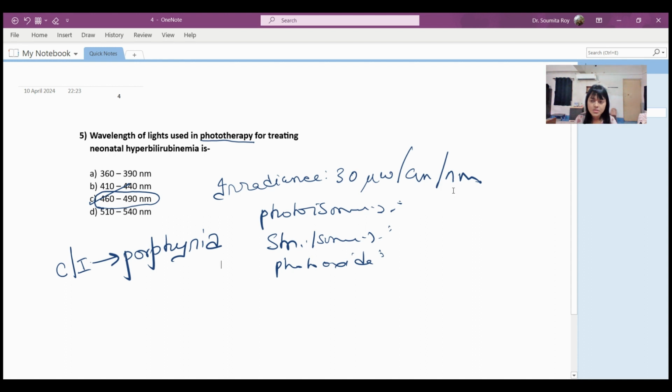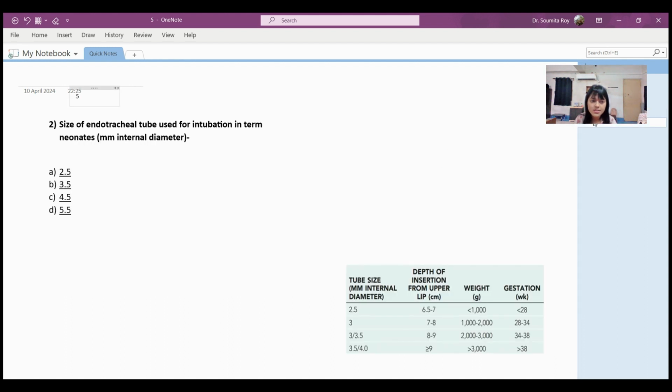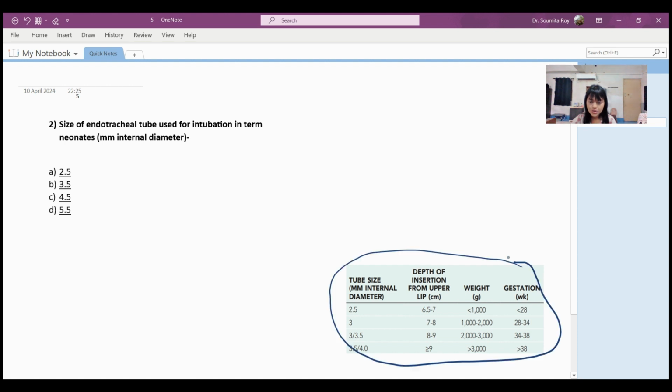Clear? So, moving on to our last MCQ of the day, that is, what is the size of endotracheal tube used for intubation in term neonates? So this size will be basically depicted in millimeter of internal diameter. Again, for you people, I have taken up this chart from Nelson textbook of pediatrics.